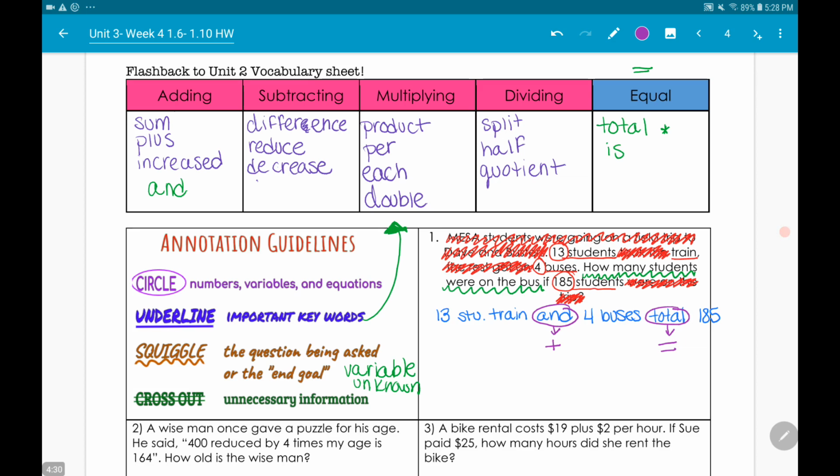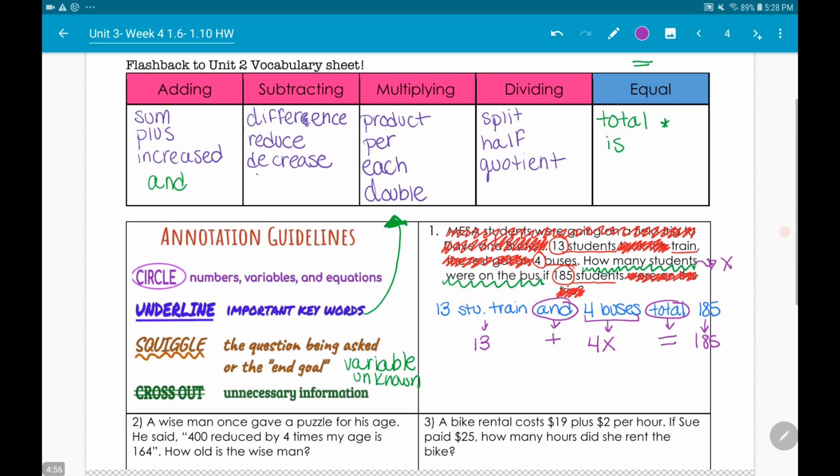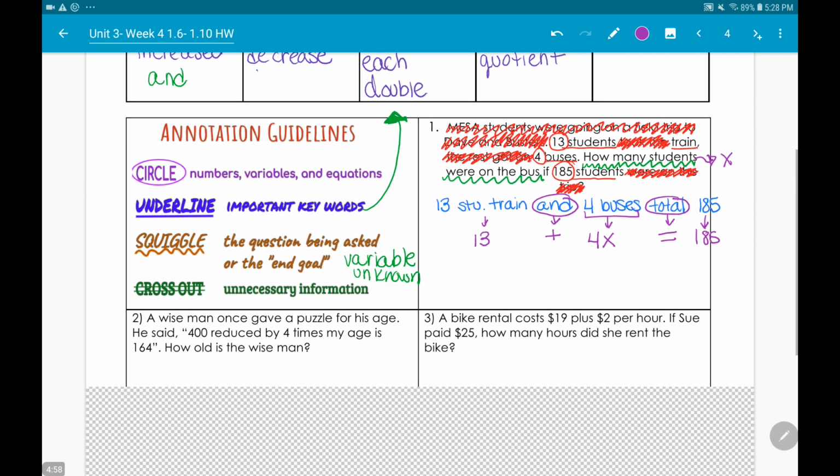Okay, our unknown, I look back at my question, my unknown was how many students were on the bus. So that's going to be my x. So how many students were on the bus? I don't know, but there were 4 buses, so that means it's going to be 4 times x. All right, I have my total, and I know that 13 students took the train. So there is my equation.